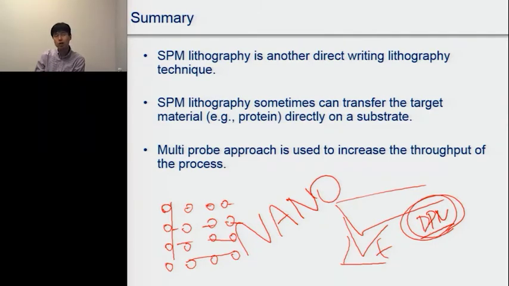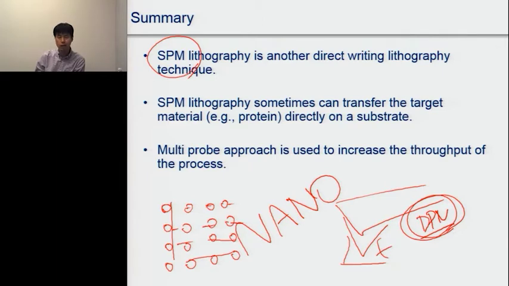The reason why we call this variant of scanning probe microscopy lithography a direct writing technique is that, like other direct writing methods such as E-beam lithography or ion beam lithography, it does not need a physical mask to transfer the patterns.